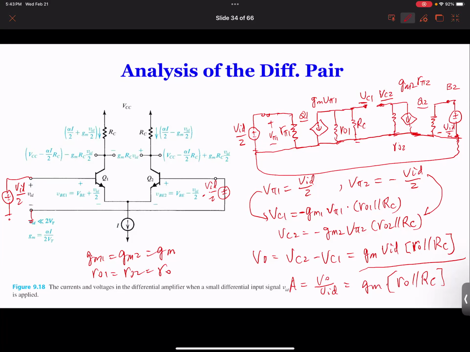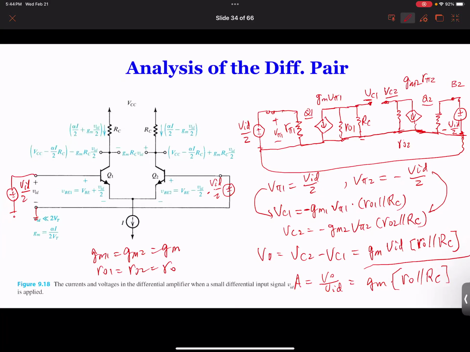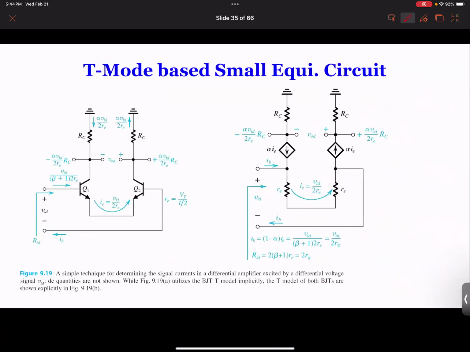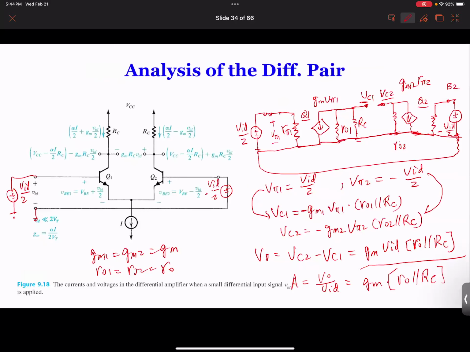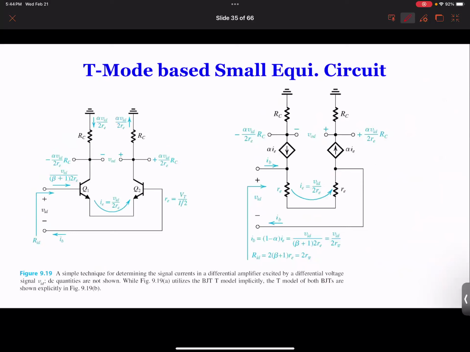Okay. So in the book, instead of doing the pi model, it started using this T model.